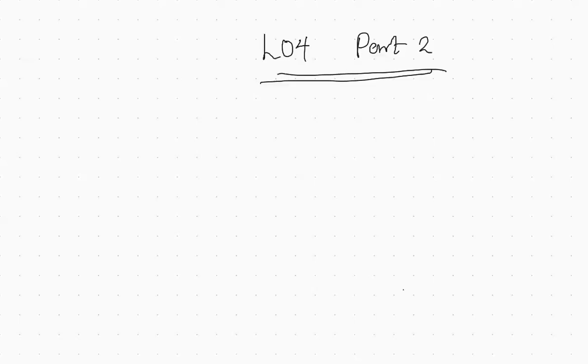We want to look at how to actually differentiate trigonometric functions. For the first one, if you say y equals sine x, then dy/dx will be equal to what? Cos x.